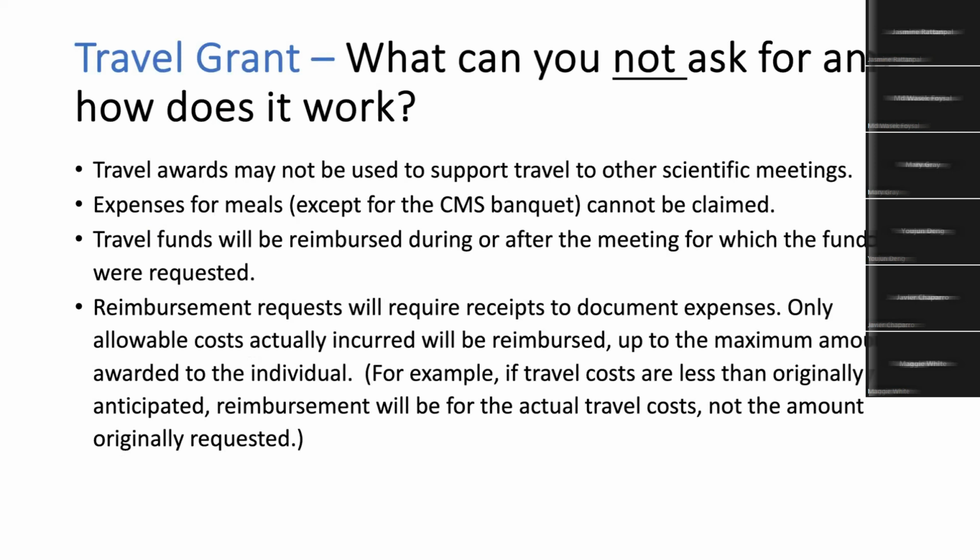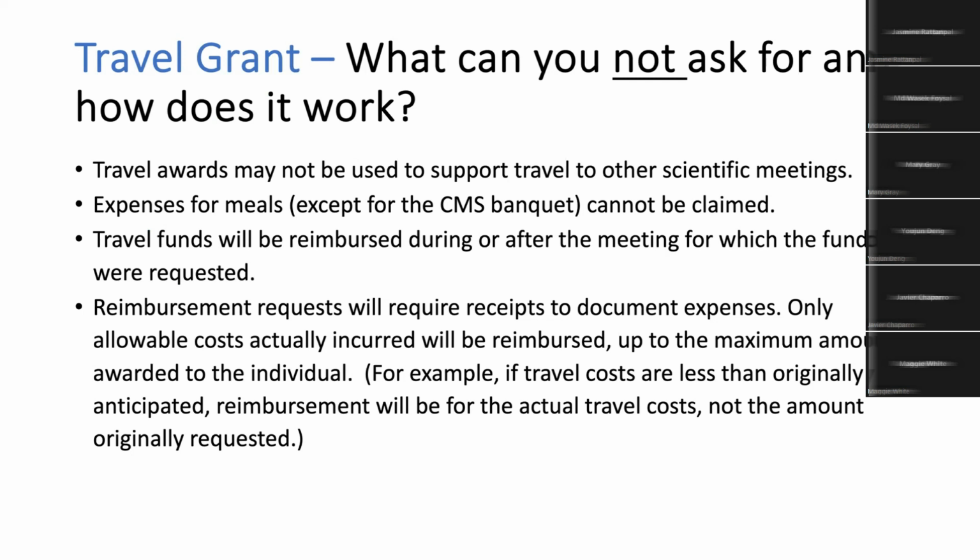Okay, so we did say that travel awards may not be used to support travel to other meetings, just this one. And expenses for meals can't be claimed with this. Travel funds will be reimbursed during or after the meeting for which the funds are requested. That means that if you win one of these awards, you should keep your receipts and be ready to document your specific expenses.